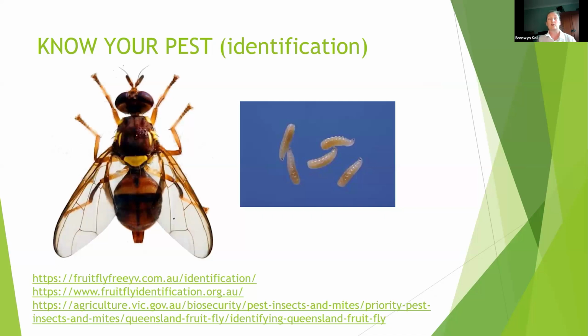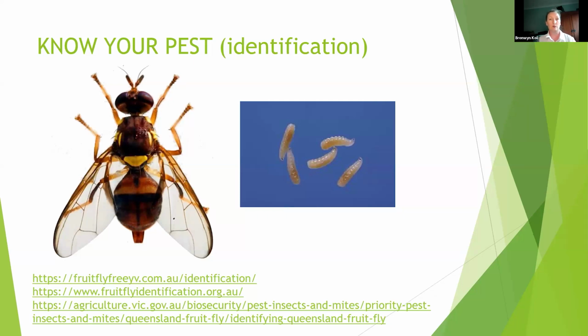So another part of IPM is knowing our pest and getting the identification correct. And that's not just identifying the actual adult pest, it's also trying to correctly identify those larvae. Now, if you've ever seen maggots or larvae in rotting fruit or rotting organic matter, or even animals that are subject to being fly blown, all of these larvae look quite similar unless you can get in there and identify them really closely.